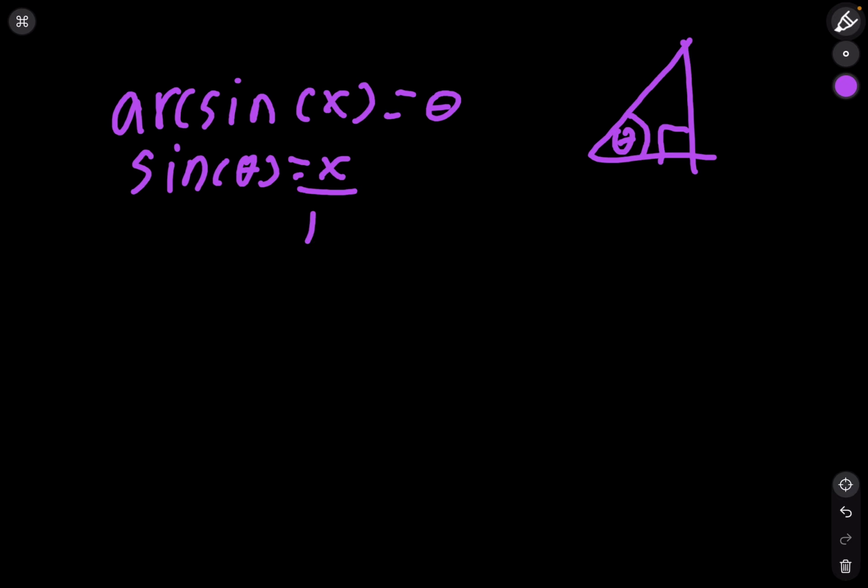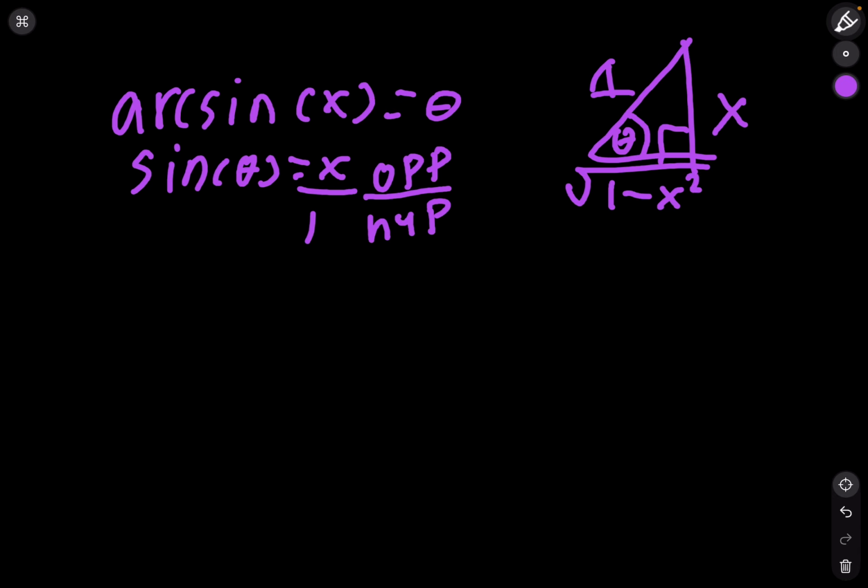If you remember closely, you can go back to high school geometry. X is essentially just the opposite, and 1 is the hypotenuse, and that's where the ratio comes in. So you can say these sides are x on the opposite, 1 on the hypotenuse, and then the square root of 1 minus x squared on the adjacent side.